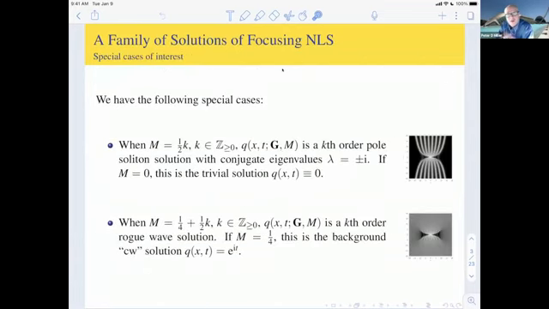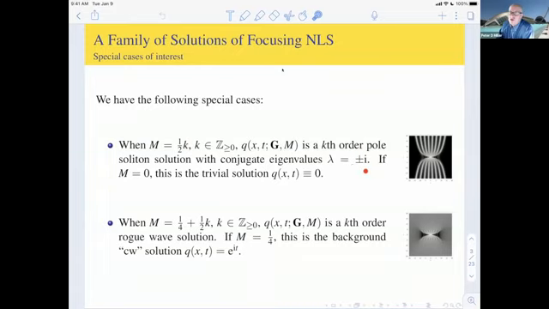And then there are some special cases that we know about. When m is a half of an integer, so k over 2, where k is a non-negative integer, then this q is a kth order pole soliton solution. Like a higher order soliton solution with conjugate eigenvalues plus or minus i. It's not terribly important that we're choosing plus or minus i here.